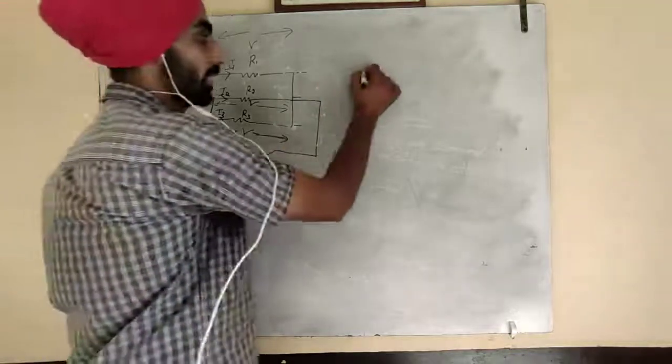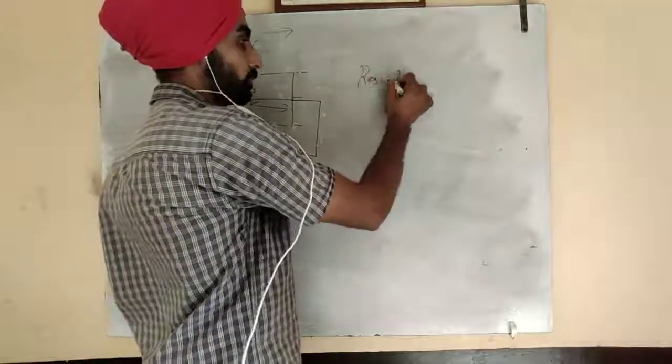So first of all, make a heading: resistors in parallel.